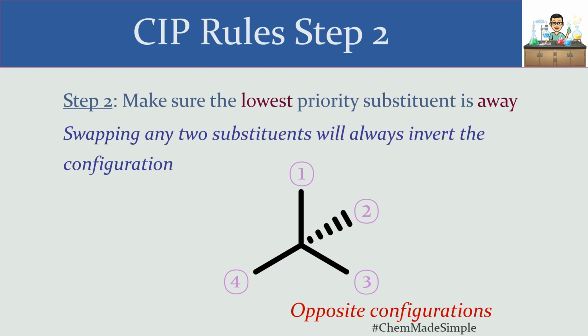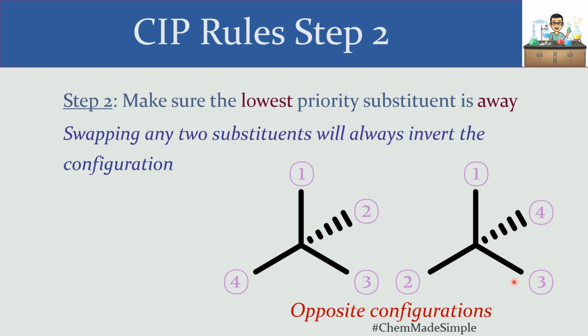So I could do the mental gymnastics and reorient the molecule such that 4 is the one that's away, or I could just simply swap those two, switch their positions, remembering that what I end up with is the opposite configuration. Determining the trace for this molecule isn't too bad because 4 is in the back.